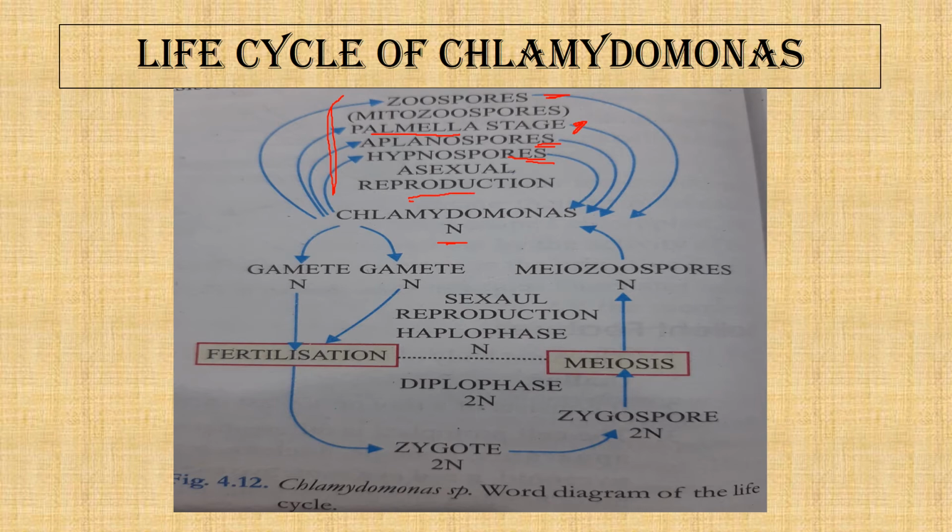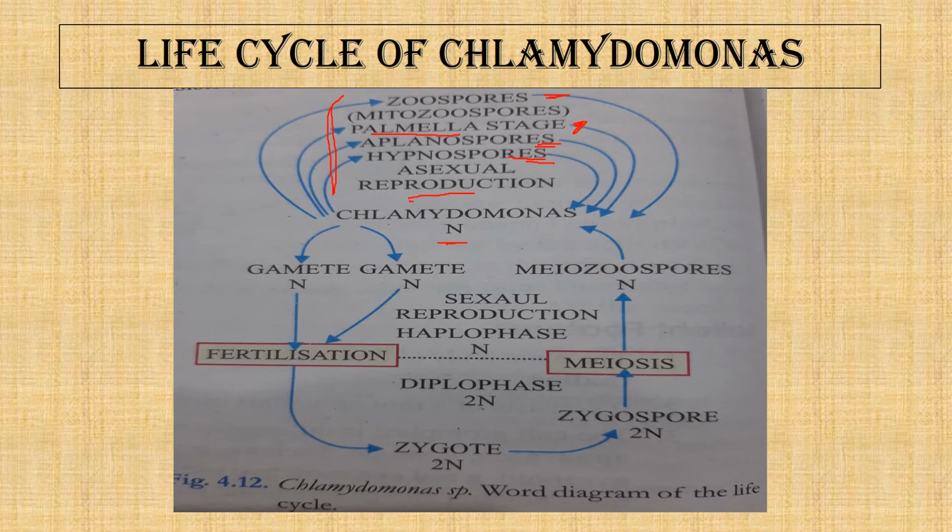But at the end of the growing season, Chlamydomonas starts sexual reproduction. Now, reproduction in Chlamydomonas is of 3 types: isogamous, anisogamous, and oogamous.